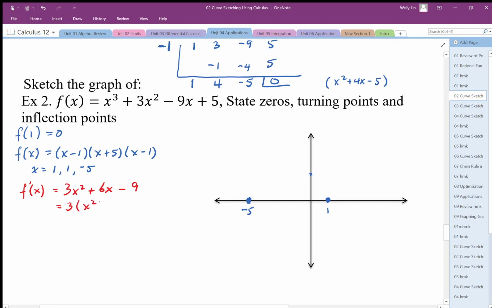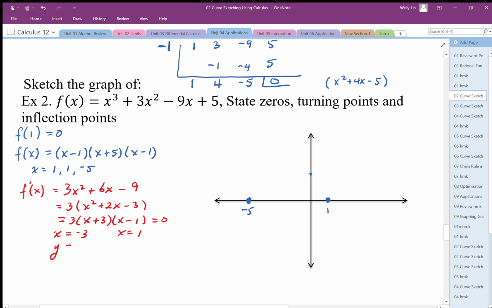x squared plus 2x minus 3. So that factors into x plus 3, x minus 1. Okay, so we know that the derivative is equal to 0 at x equals -3 and x equals 1.